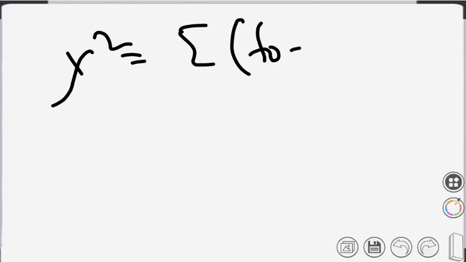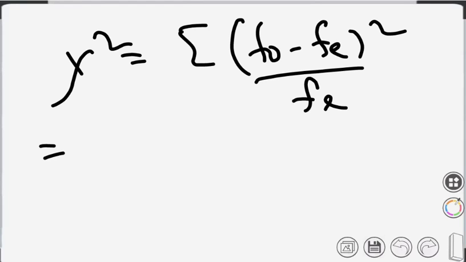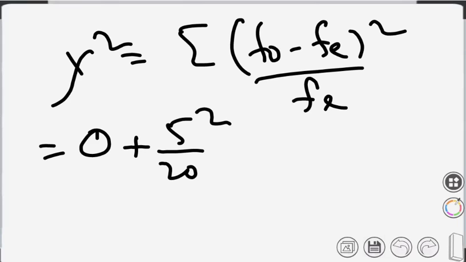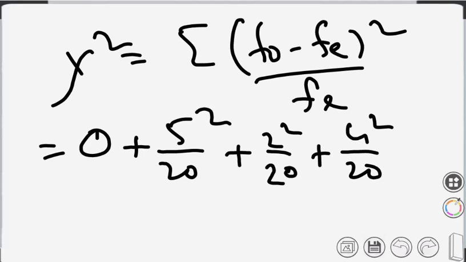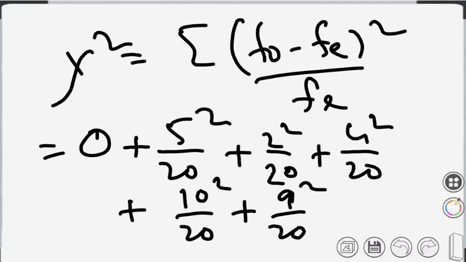And finally, I have written chi square is equal to summation of FO minus FE square by FE. That means this is equal to 0 plus 5 square by 20, then 2 square by 20, then 4 square by 20, then 10 square by 20 plus 9 square by 20.